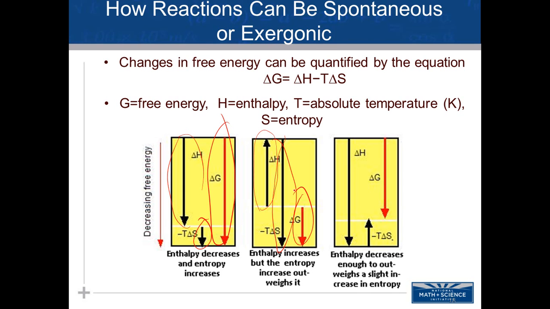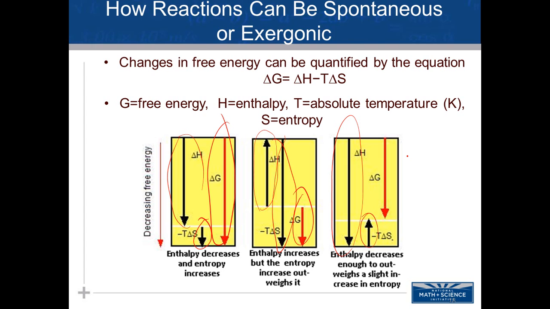And then in the last situation, there is a slight increase in entropy. However, the change in enthalpy, which is negative, is large enough that it's going to outweigh it. So this is still an exergonic reaction, and delta G is still negative.